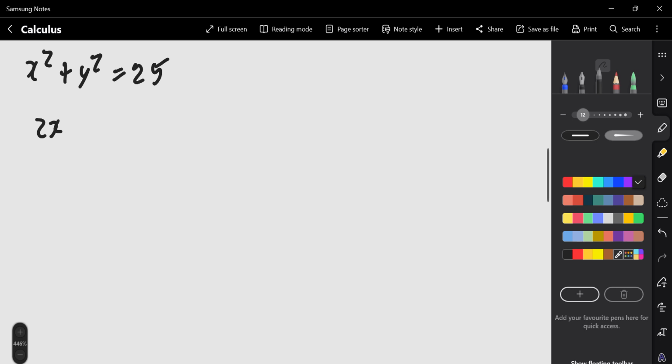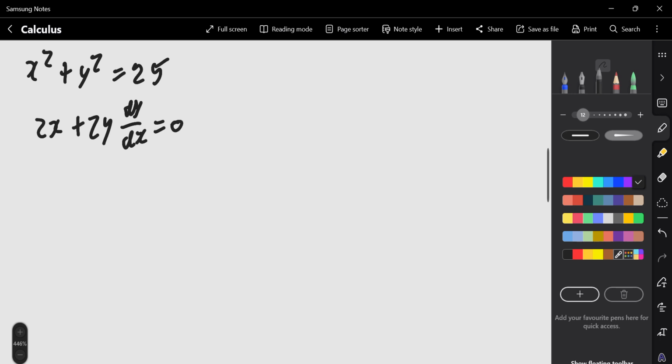So, what you're going to do is x differentiates like normal, right? 2x. But when you're differentiating with respect to x, your y term is going to be the derivative of the y function, 2y, times dy by dx, because y's derivative would be dy by dx. So this is going to be plus 2y dy by dx equals 0, because the derivative of 25 is 0.